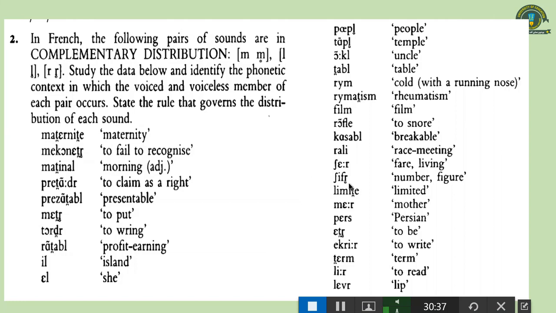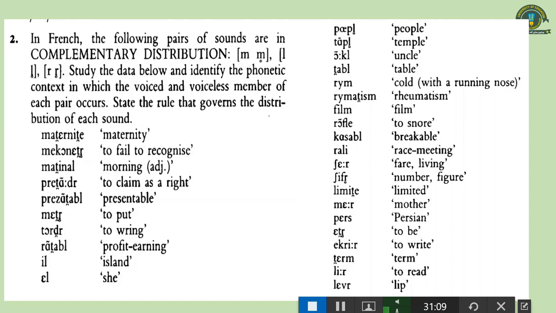In shiffer you can again see that f is a voiceless sound, which is affecting its following sound r and making it devoiced, making it lose its voicing. So it means that voiceless sounds will affect their following sounds. It means actually that the surrounding environment affects the pronunciation of the sounds.